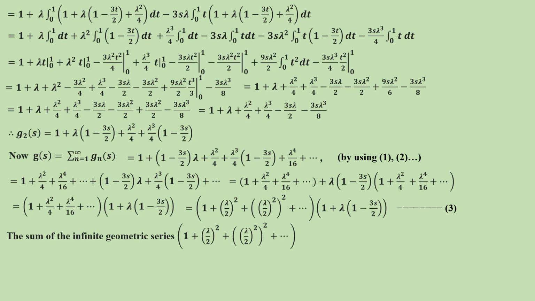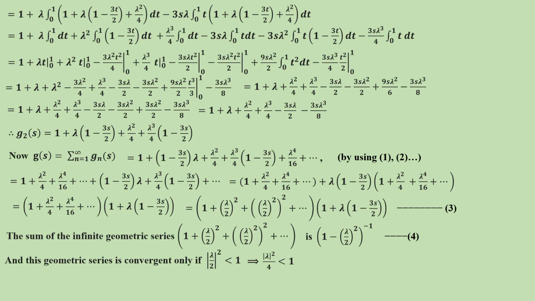Here x is nothing but (λ/2) whole squared, right? So the sum is (1 − x)⁻¹, we know the formula, right? 1 minus (λ/2)², that is (1 − x) to the power minus 1, where x is (λ/2)². That is equation number 4. And the geometric series is convergent if and only if |x| is less than 1, that is |λ/2|² is less than 1.